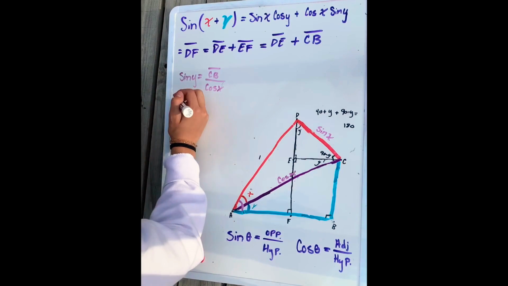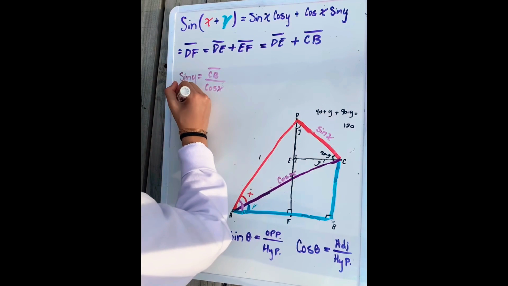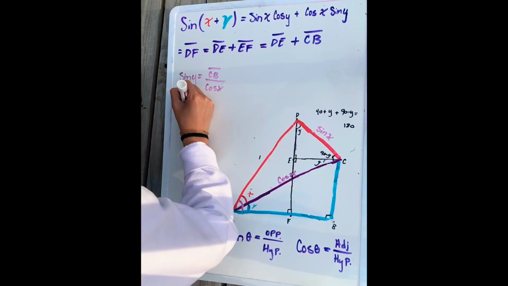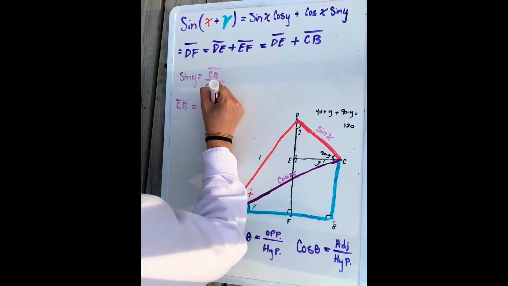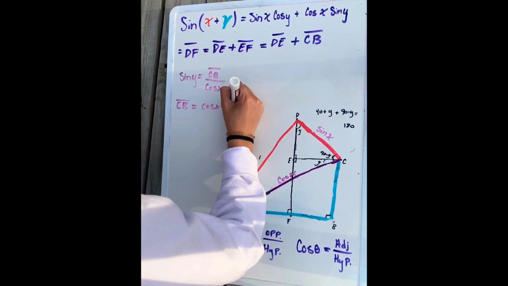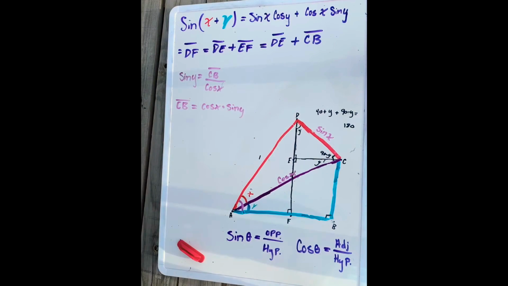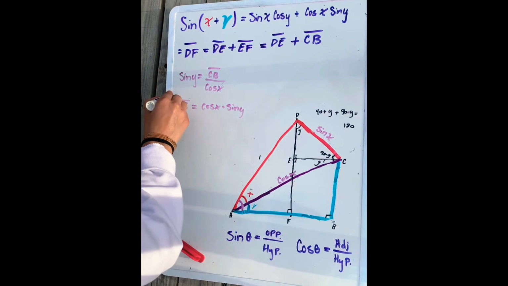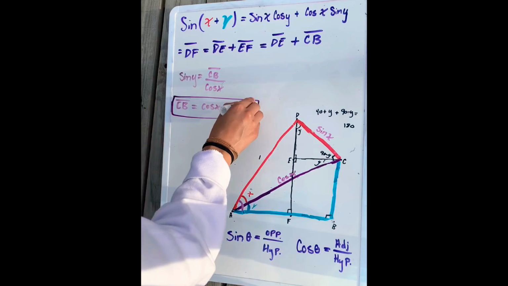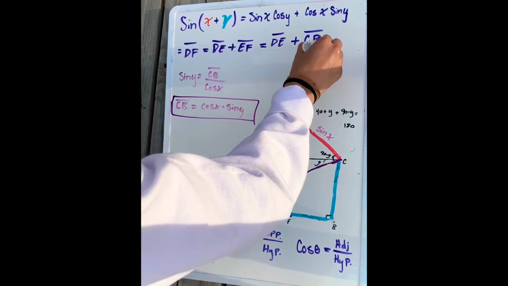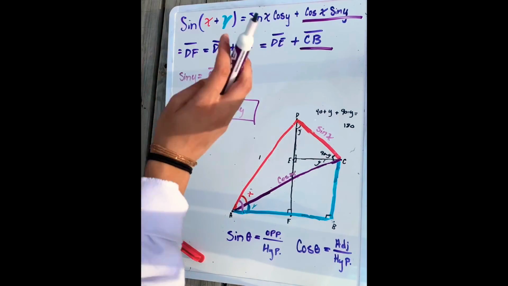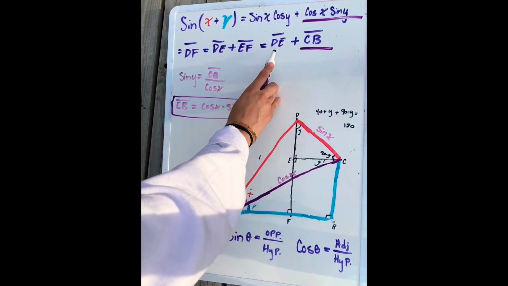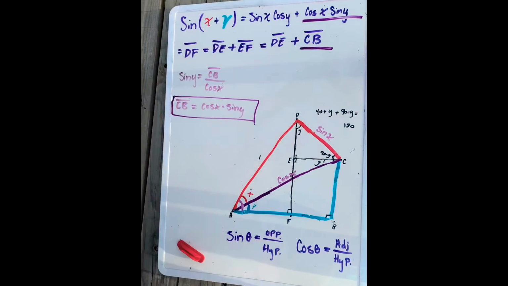You might be able to connect that segment CB is equal to cosine x times sine of y. So we know that CB is equal to cosine of x times sine of y. And we can guess that DE is going to equal sine of x times cosine y. So let's take a look and try to prove it.